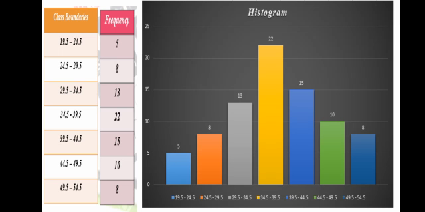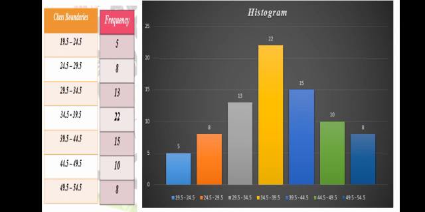Then 34.5 to 39.5 has frequency 22, so this yellow bar represents the frequency 22, as 22 lies between 20 and 25. Same with 39.5 to 44.5, frequency 15, then 44.5 to 49.5, frequency 10, and then 49.5 to 54.5, frequency 8.